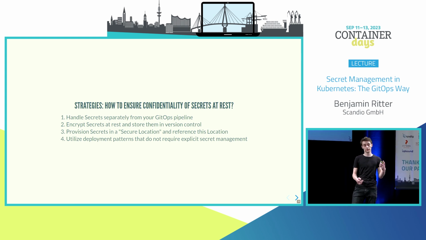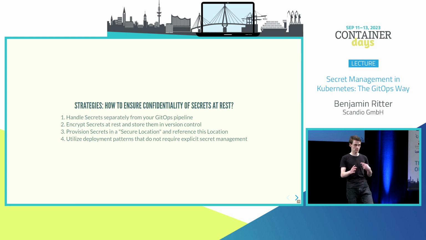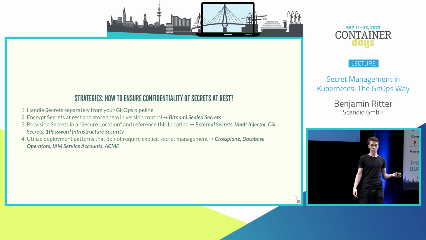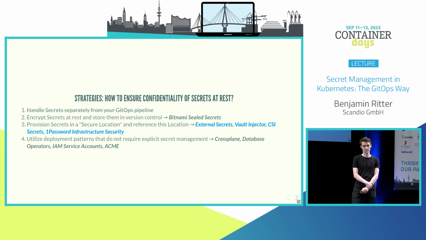And the third one, we can utilize some deployment patterns that make explicit secret management unnecessary. A few examples of this for the version control encryption thing is Bitnami sealed secrets. The other one is external secrets and its derivatives. And the third thing are Crossplane, database operators, IAM service accounts, and ACME.